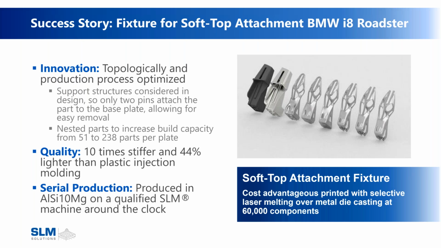So not only is it a lot easier to manufacture this part and lighter, but also 10 times stiffer than the plastic injection molded piece. They're using aluminum to produce this part. Aluminum is going to be much stronger than the plastic injection molded piece. So not only is it stronger, but it's lighter as well. So there's dual benefit there.